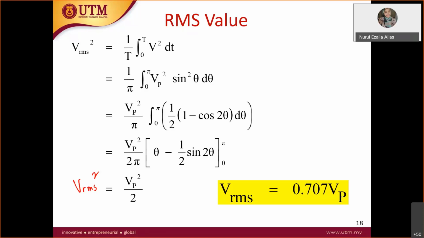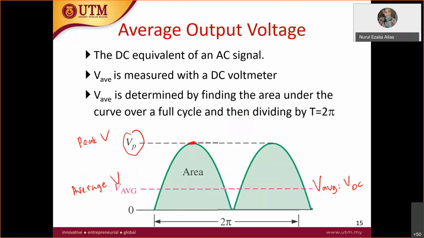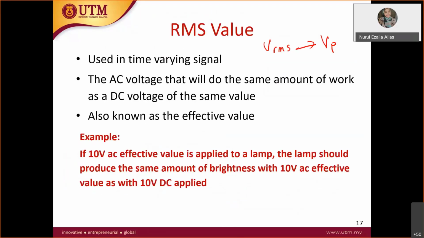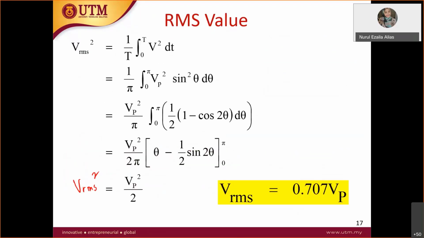Why convert it to V peak is so that all the calculation is standardized. When you get the transformer voltage in RMS, you first convert it to peak value. It is the standard procedure that you should do.